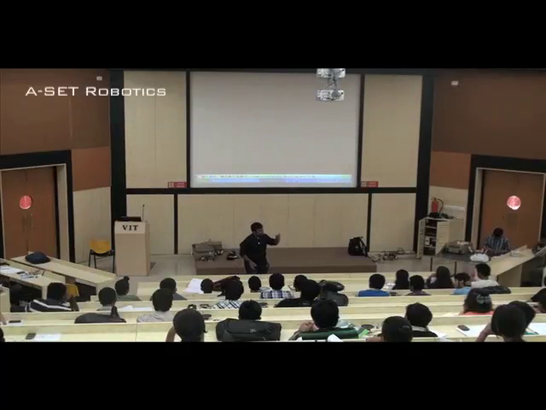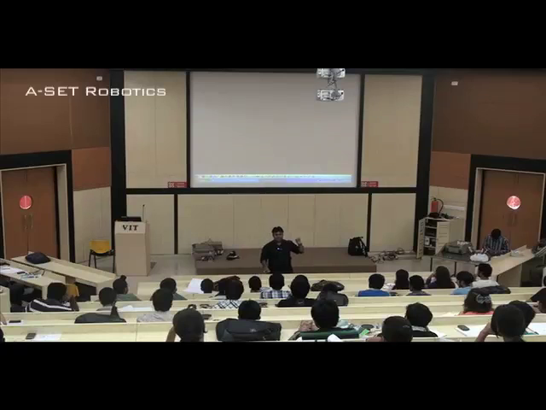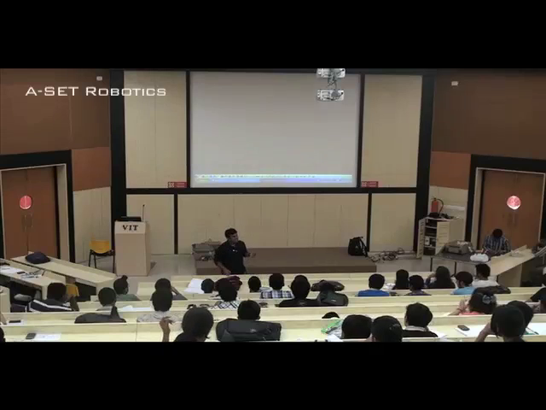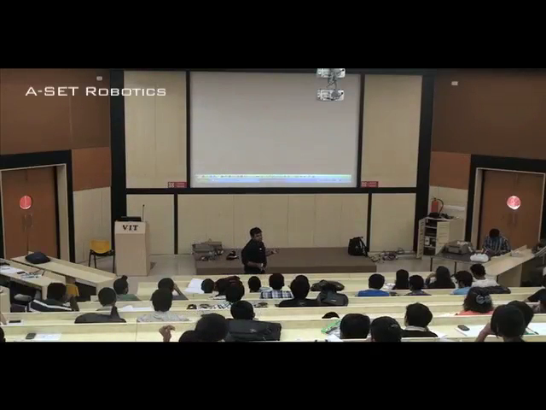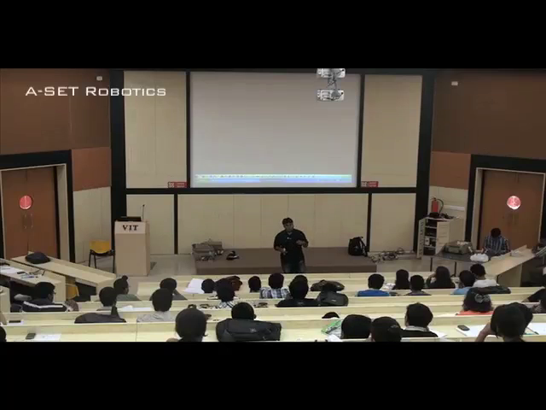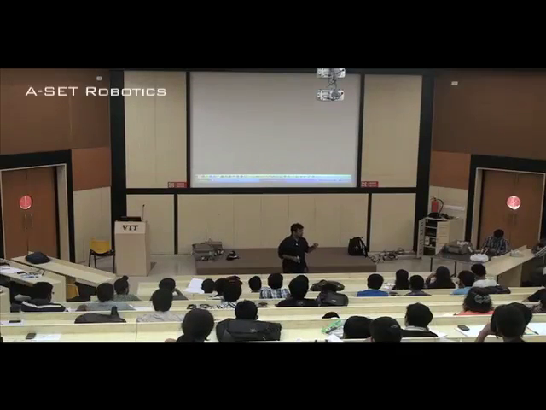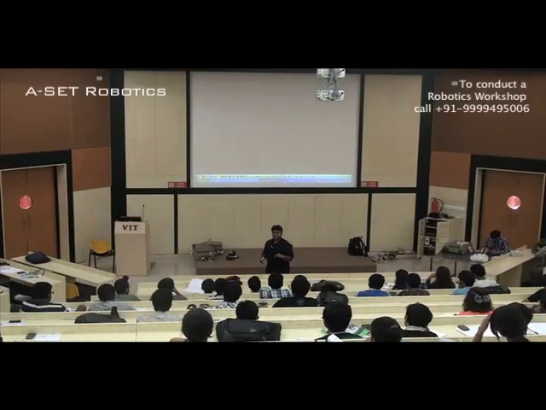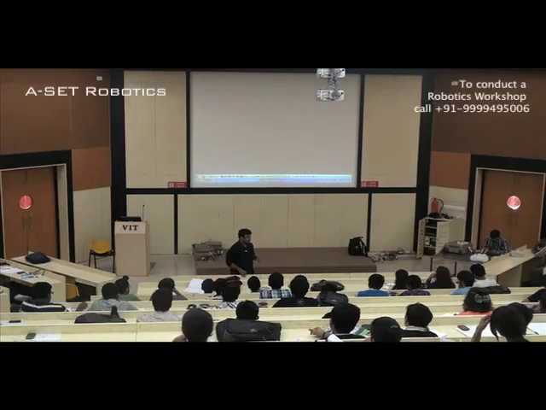Now, how do we fit all these transistors in that simple computer or a simple robot? This technique came in early 1980s, or we should say 1978 or something like that. Let's not go deep into history. This technique came in which we can integrate these circuits at a very small level.